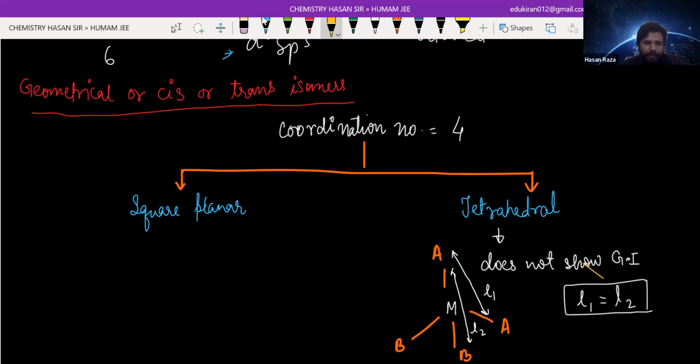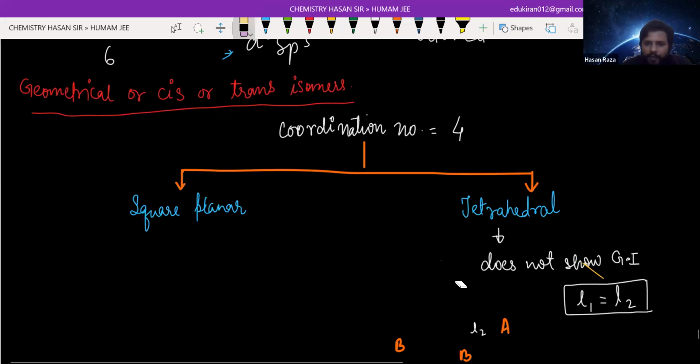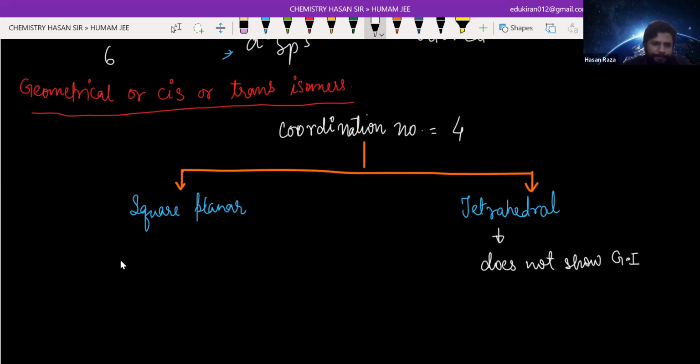Let me draw it in a better way. First, square planar, it will be very easy to understand. For a square planar, the structure will be like this: A, and here it is B, and here it is B. Now A on the opposite side, same group, this will be trans.